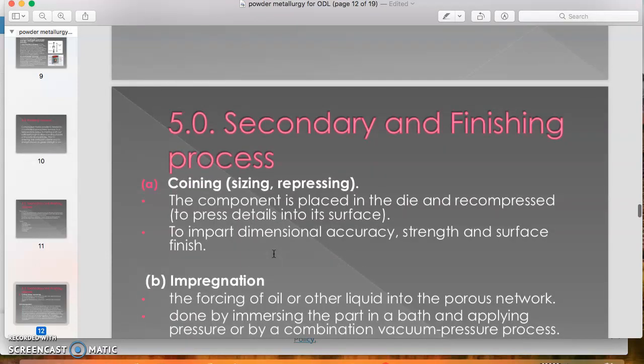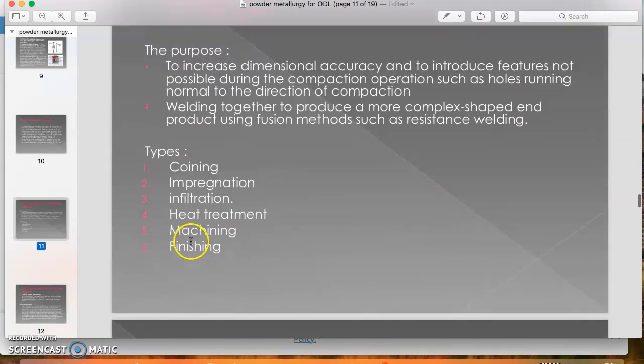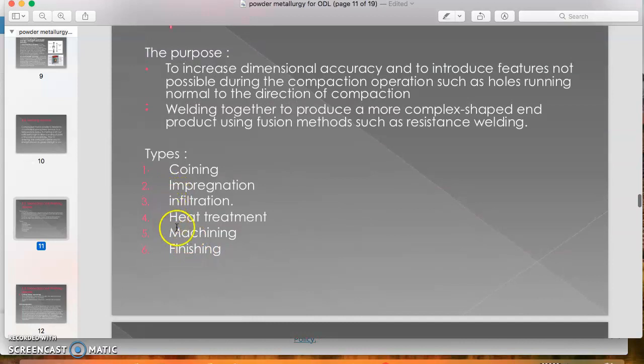Coining is one of the six secondary processes. Here the most important are impregnation and infiltration. These are unique processes which we can only apply to the powder metallurgy part.